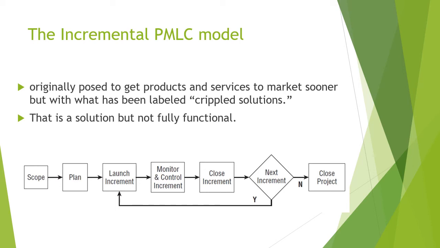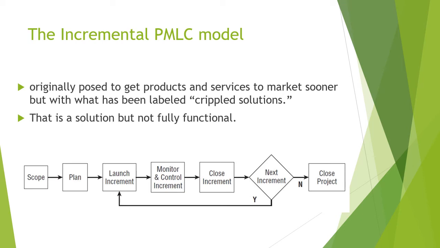After we decide the scope, then we will plan. Based on that scope, the detailed plan will be prepared. And after planning, we will launch the first increment, the first phase of the project. After we launch it, we will monitor and control.